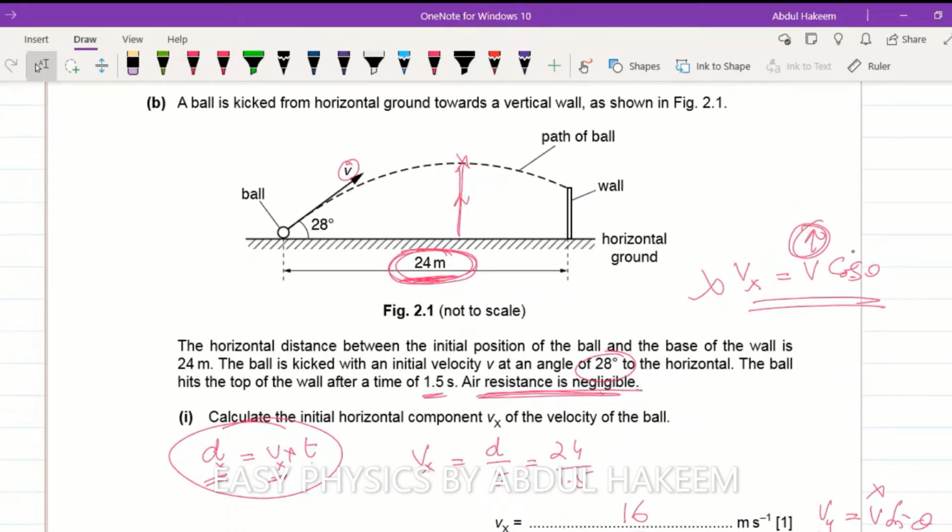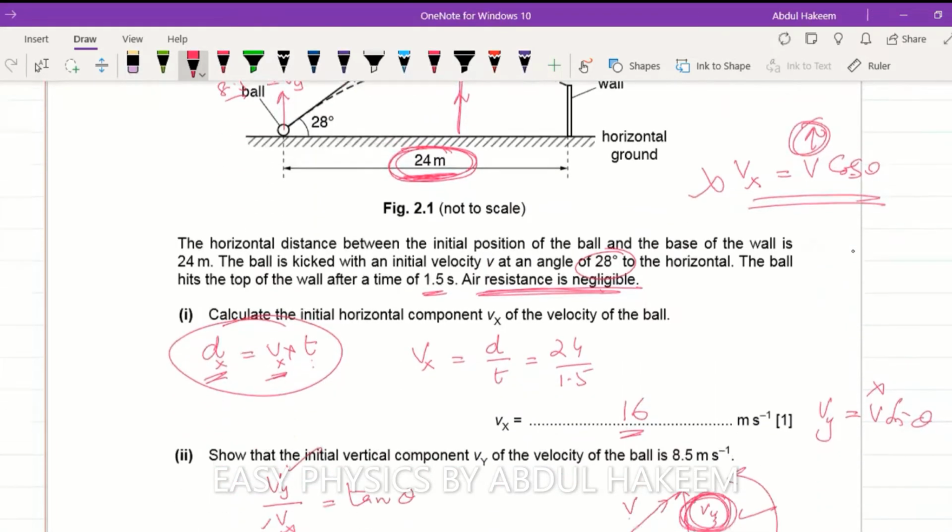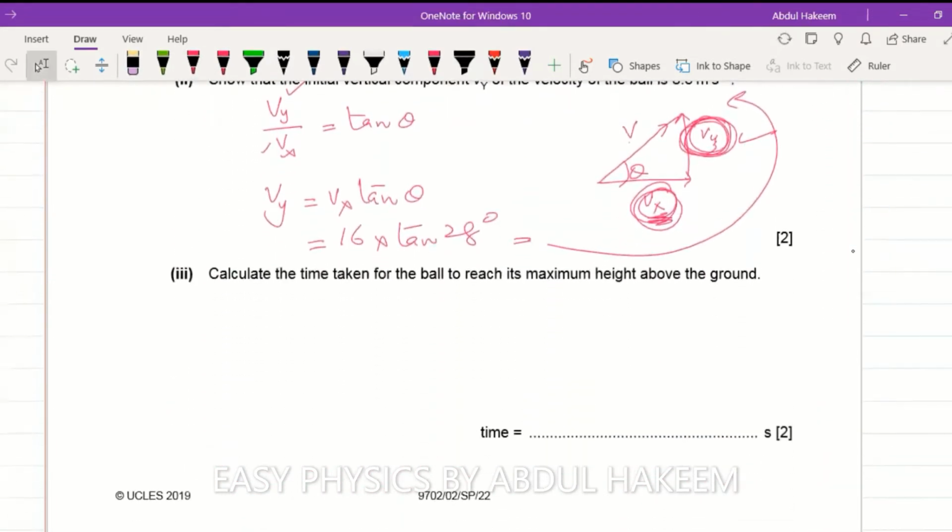Reason: because the weight is acting there. Due to the weight, acceleration due to gravity is there. So initially, the vertical velocity is this, and we have calculated this 8.5 here. And here, the vertical component Vy becomes 0. So calculate the time taken.